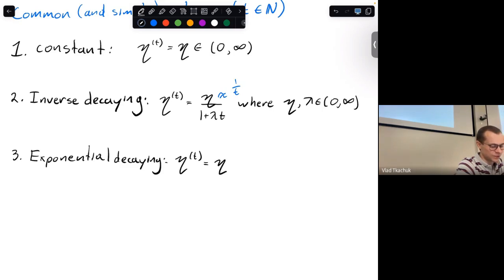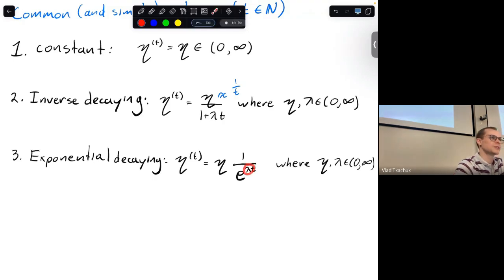This one also has the scaling factor of eta, but now instead of 1 over lambda t, you multiply by 1 over e to the lambda t, which I write to make it very clear. These things are as before, just parameters you can use to tune the rate.